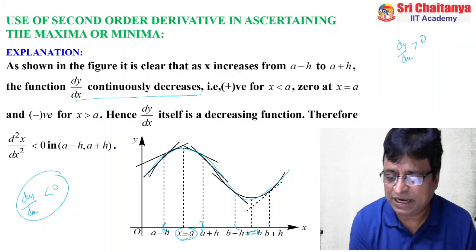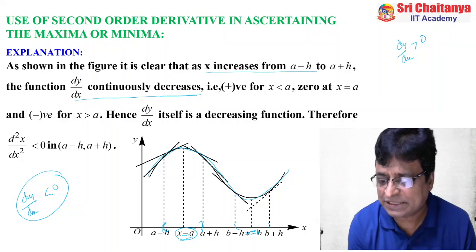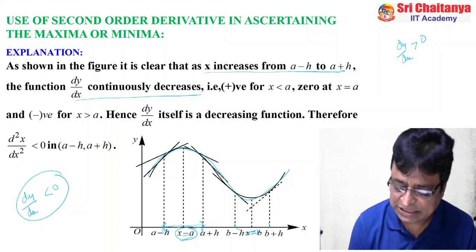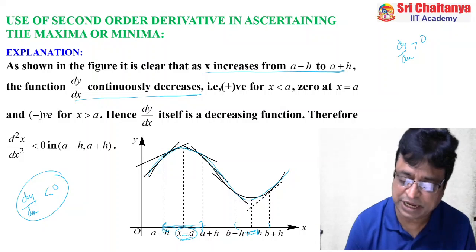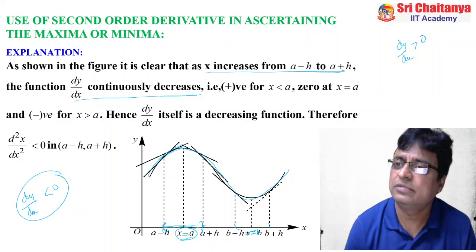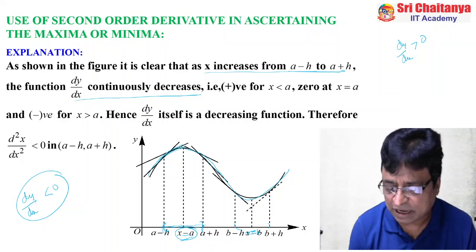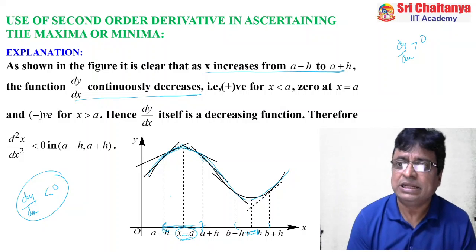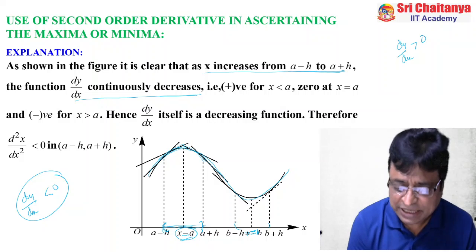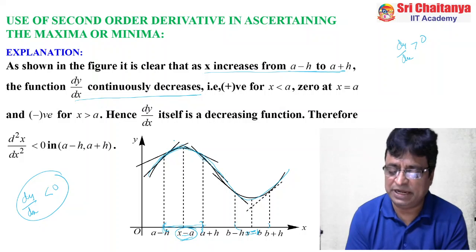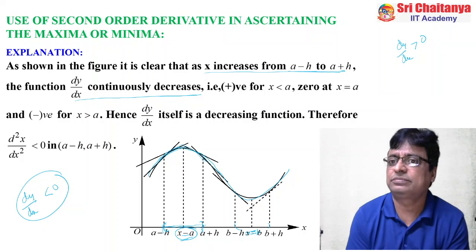As shown in the figure, it is clear that as x increases from a minus h to a, your curve is increasing, and after that the curve is decreasing. And at x equals a, the derivative dy by dx becomes 0.